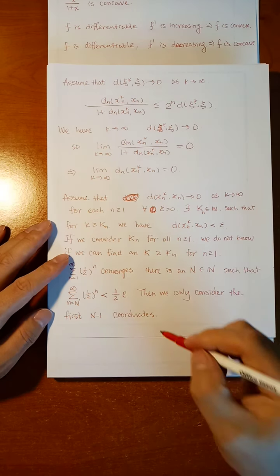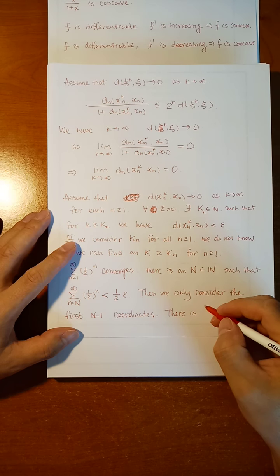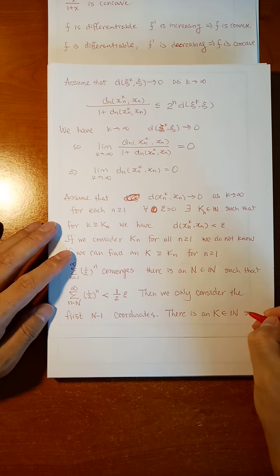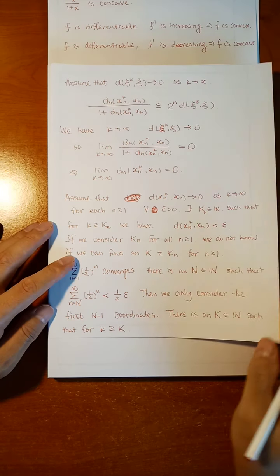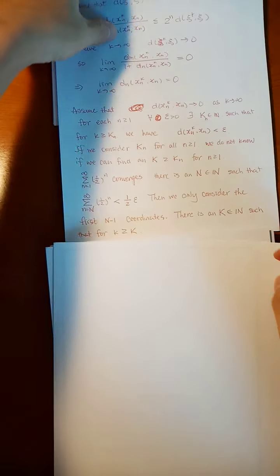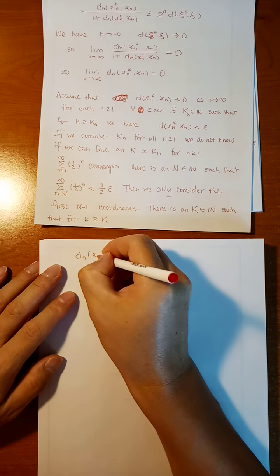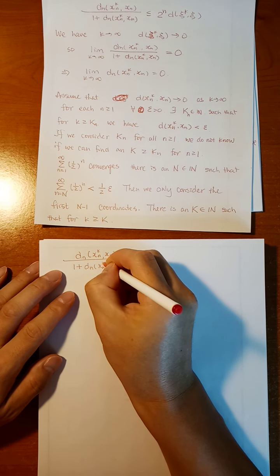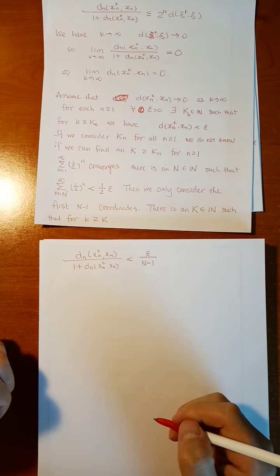Okay? And because of this, we know that there is a K in the natural numbers such that for little k greater than or equal to capital K, each component d_n(x_kn, x_n) over 1 plus d_n(x_kn, x_n) is less than epsilon over 2(N minus 1).